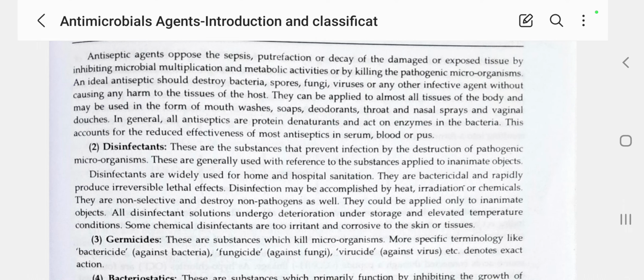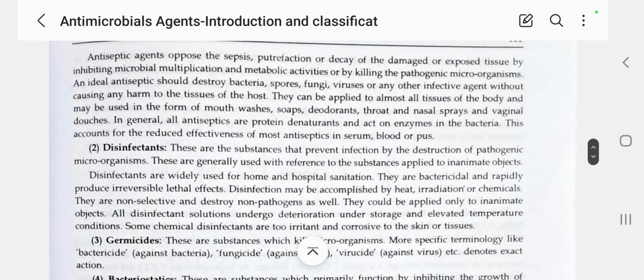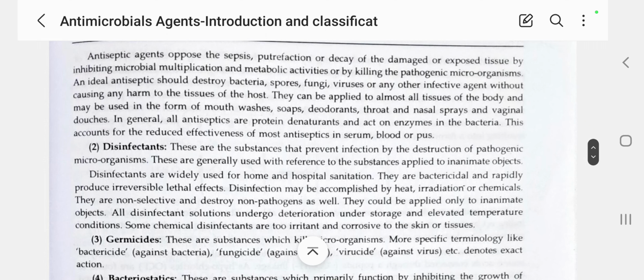In general all antiseptics are protein denaturants, which means they inhibit cell wall synthesis or destroy the cell, denature protein and act on enzymes in the bacteria.